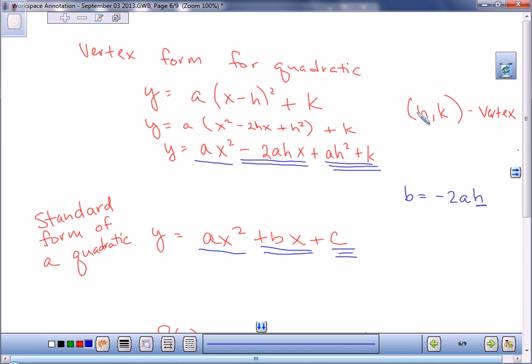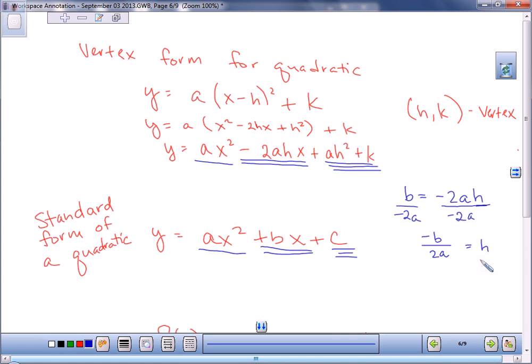It also gives us the x value for that axis of symmetry, because x equals h is our axis of symmetry. So if I took this and solved for h, the way I'd solve for h is to divide both sides by negative 2a. So do you see you get negative b over 2a is equal to h.